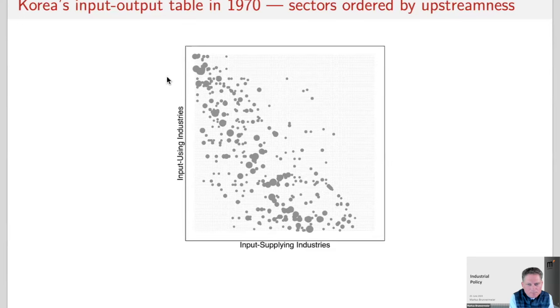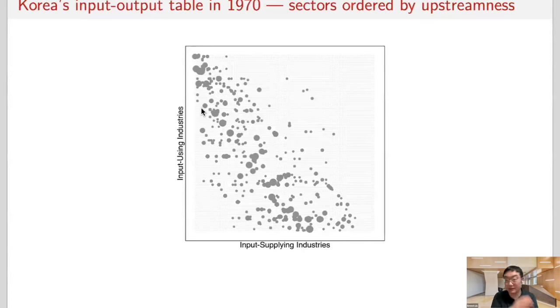And if 1 can supply to 2, 3, 4, 2 can supply to 3, 4, 5, 6, it will be perfectly lower triangular. So this is much closer to a lower triangular matrix, and that's a feature of South Korea shown here, but it's a feature of many real-world input-output tables. So some of the theory will take advantage of that feature.